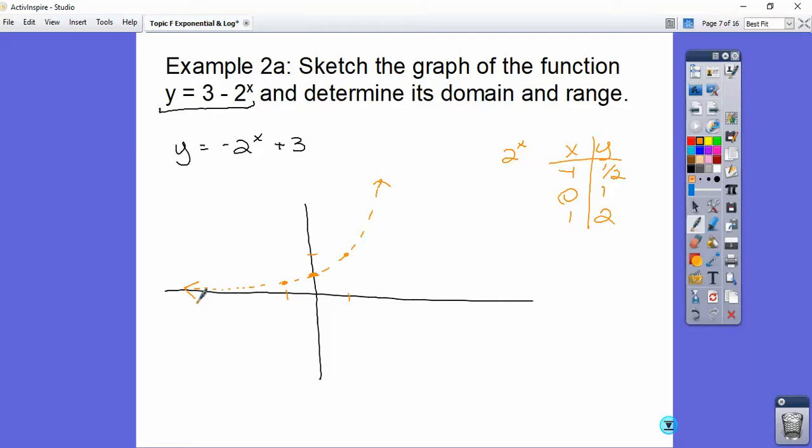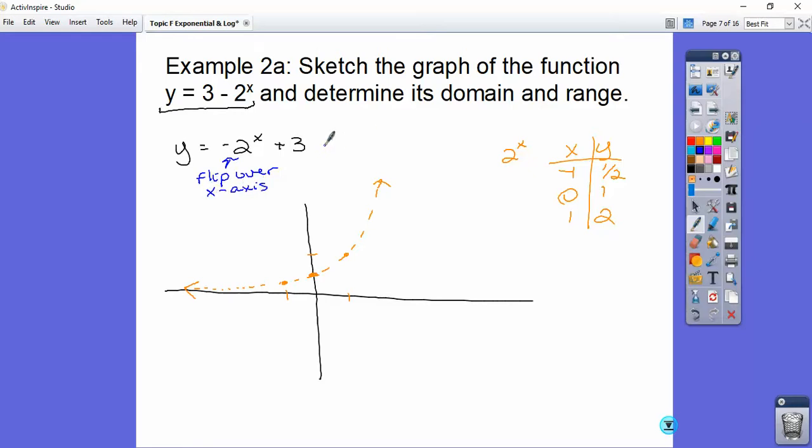Okay, now we know how to do transformations. What does the negative do? Flip over what? It's like making all your y's negative, so it flips it over the x-axis.